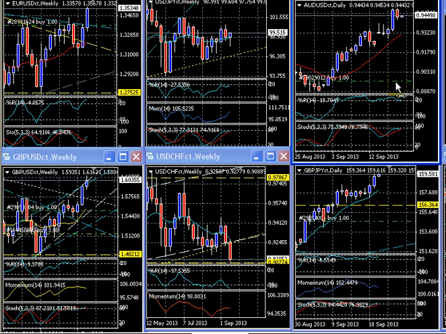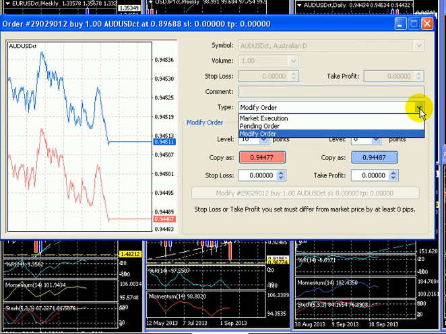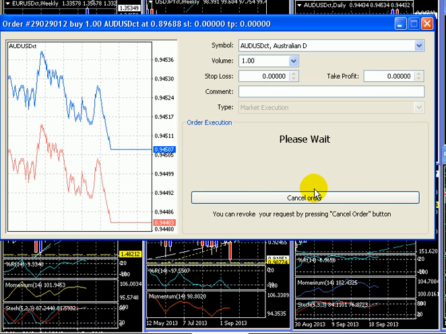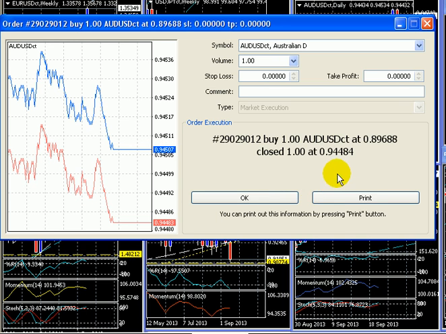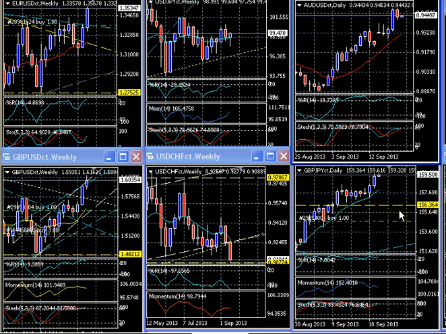However, this one we will change and modify to a market execution, where we would be closing out this particular position in the market. Okay, so that's one down.